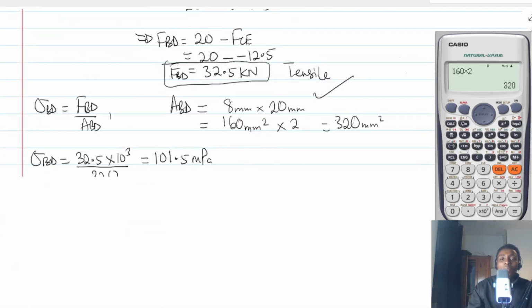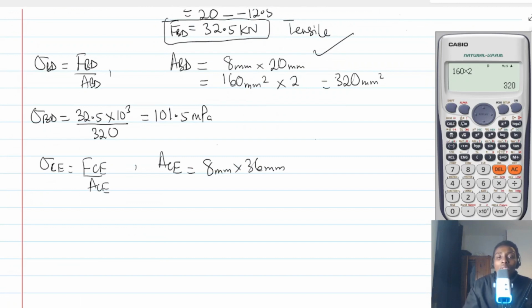I hope the concept is clear. Now, what is 8 by 36? It is 288 millimeters squared. Multiplied by 2, because don't forget that they are the parallel sides, that gives 576 millimeters squared.